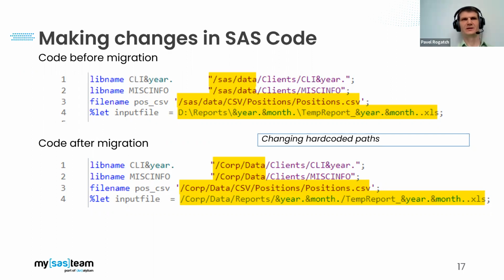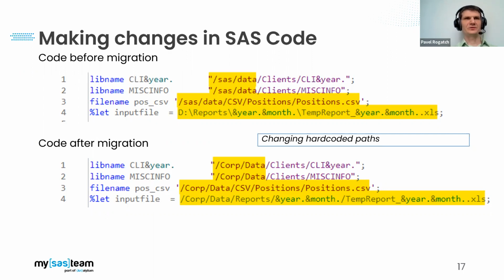Here you can see the change of hard-coded paths. We had both Unix and Windows style paths in SAS files, so we had to change them all according to the new folder structure on the new platform.